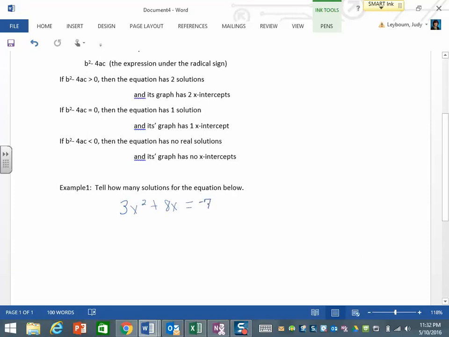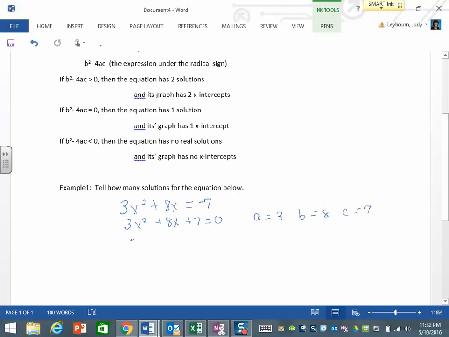So first I'd get my equation in standard form. So I'd add 7 to both sides. And I'd have 3x squared plus 8x plus 7 equals 0. In other words, a is equal to 3, b is equal to 8, and c is equal to 7.